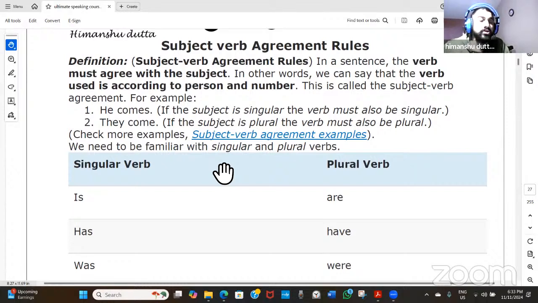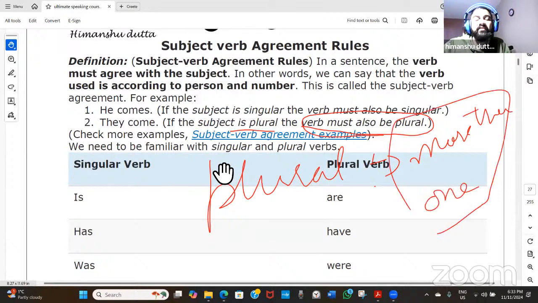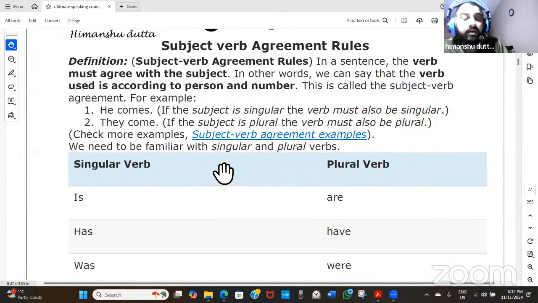So remember that. They come: if the subject is plural, then the verb must also be plural. What is plural? Plural is more than one. If the subject is singular, singular means single.